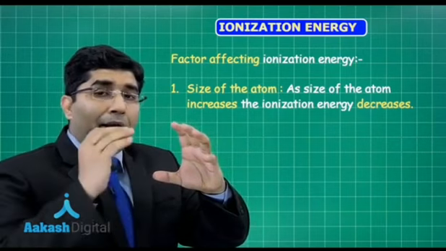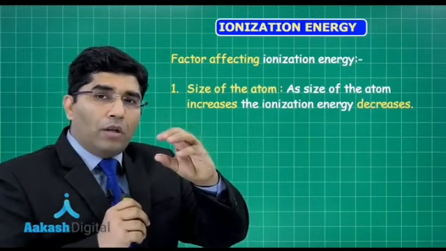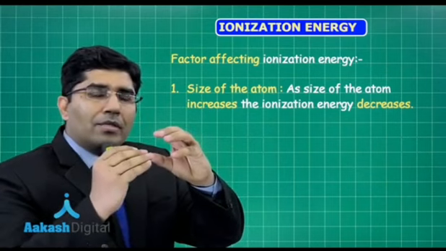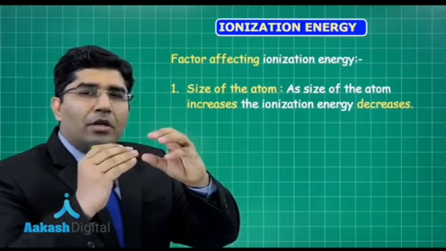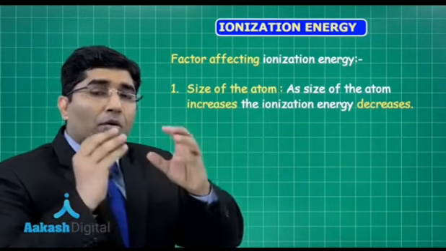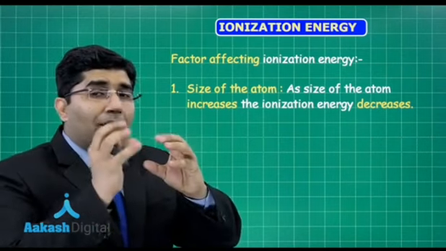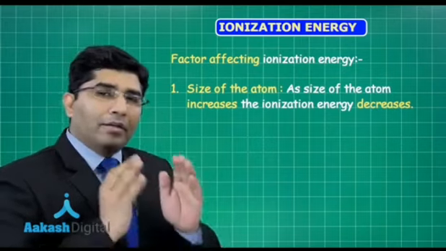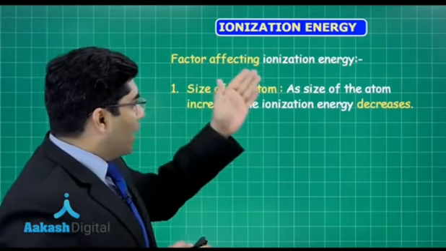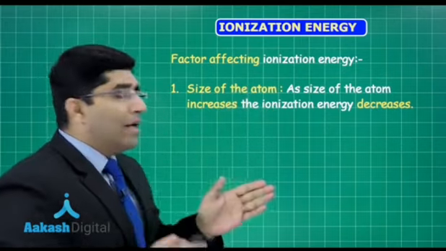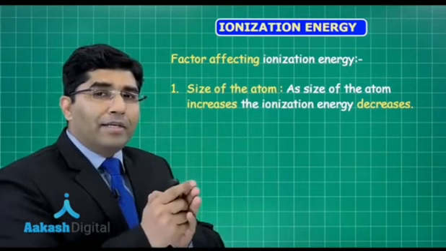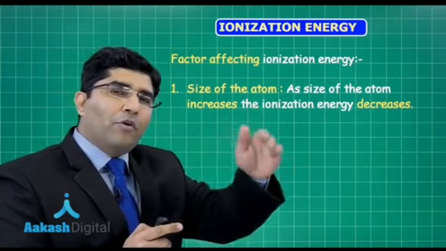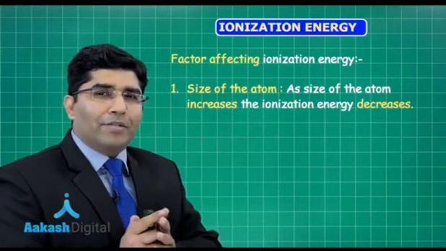And if the size is small, then it will be close to the nucleus and the ionization energy will automatically increase because the nucleus will attract that valence shell electron effectively. That's why we can say that as the size of the atom increases, ionization energy decreases, because the valence shell electron will go far away from the nucleus, right?